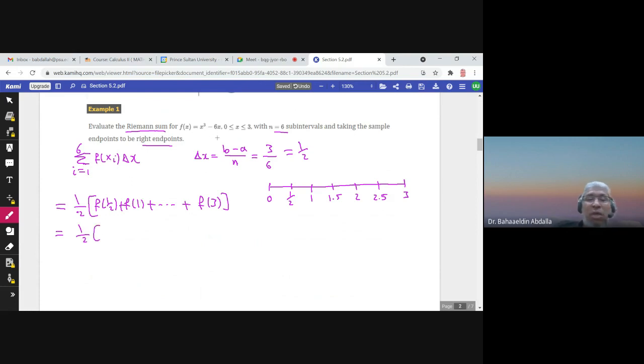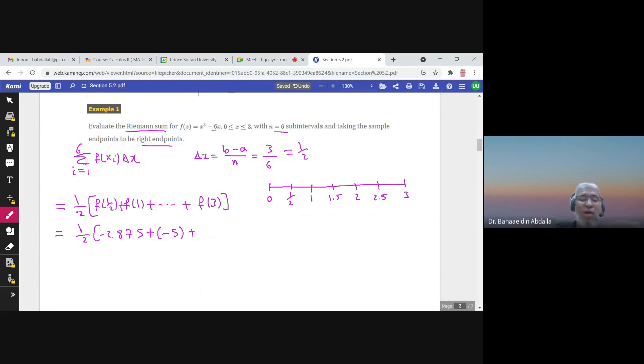You can use a calculator or find it: half to the power 3 minus 6 times half. This would give you negative 2.875, plus f of 1. 1 minus 6 is negative 5, plus f of 1.5.